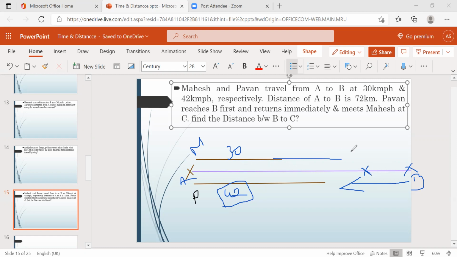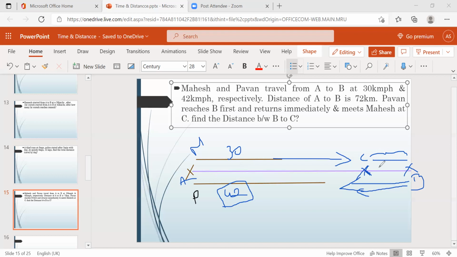Pawan has already reached B and is returning, but Mahesh has not yet reached B. That point is C. So they're asking the distance from B to C, right?